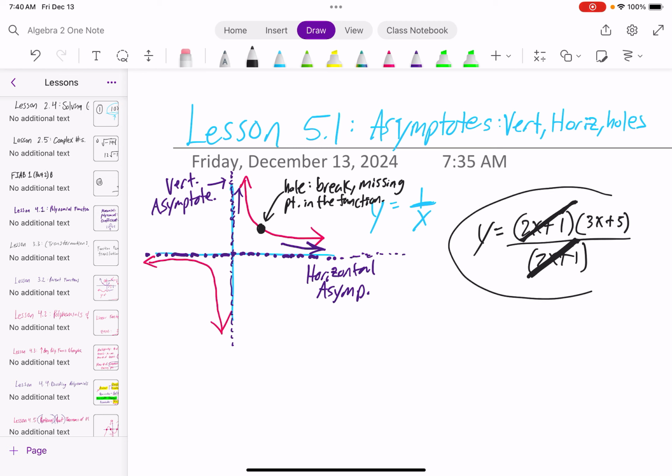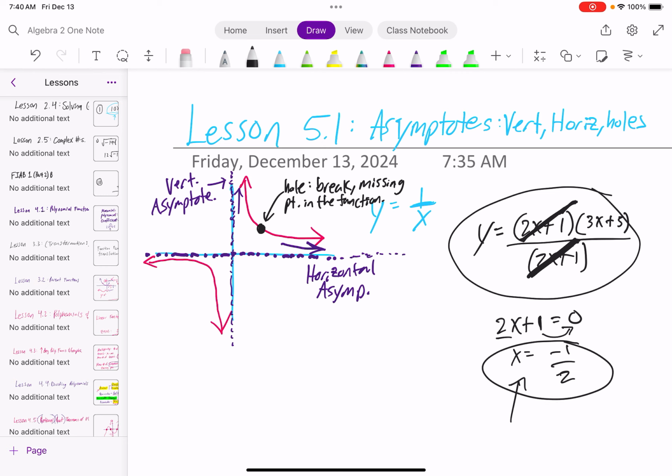So this function is going to have a missing piece at 2x plus 1 equals 0. So it's going to have a missing piece at x equals, if you bring the 1 over, it becomes negative 1. And if you divide by 2, you get negative 1/2. So we'll have a break when x is negative 1/2.